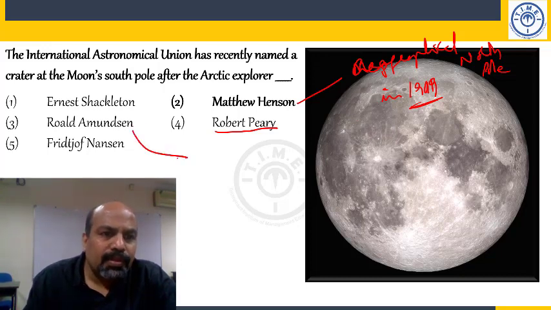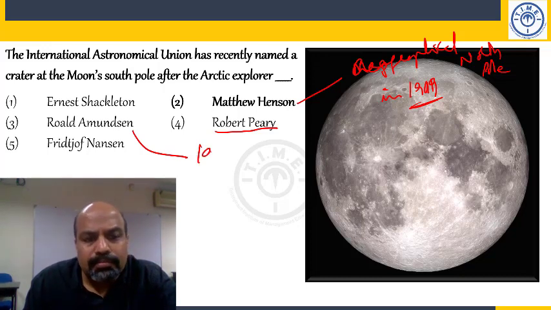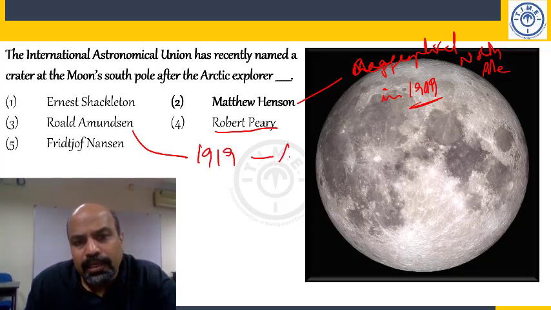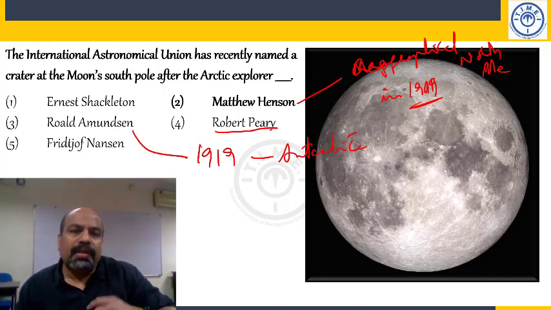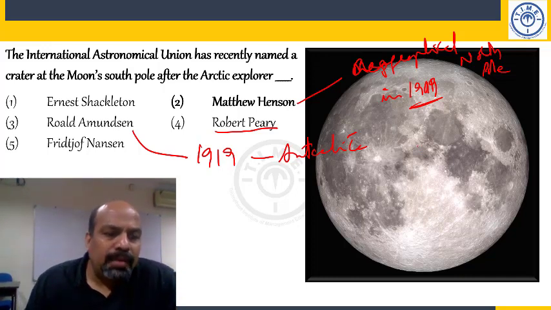So this guy here, Roald Amundsen, reached the South Pole, or the Antarctica, in 1911.